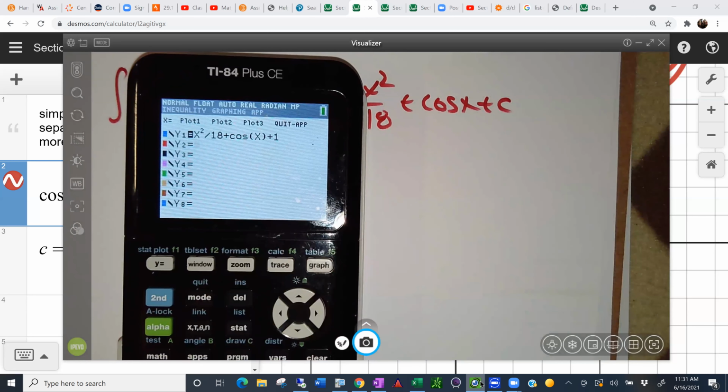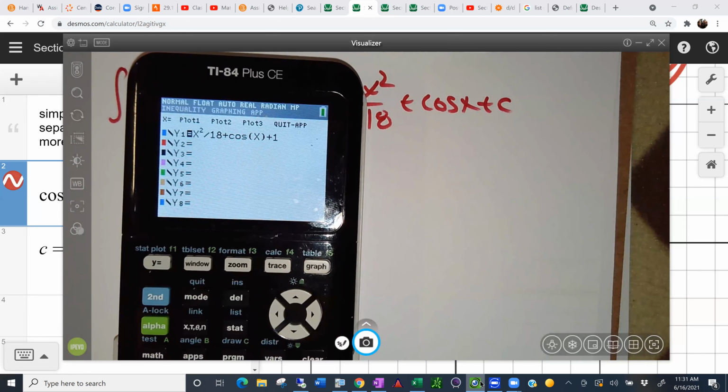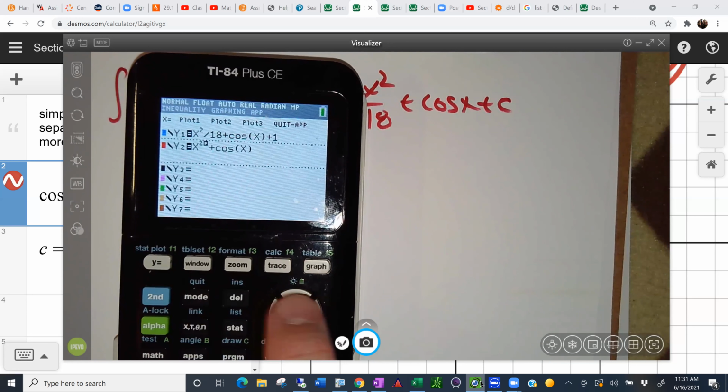So, or make it 2 bigger. So x squared over 18 plus cosine of x. Oh, this should be x squared over 18, my bad. Divided by 18. There we go. Plus 3.